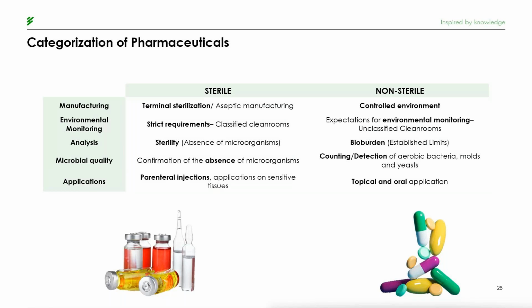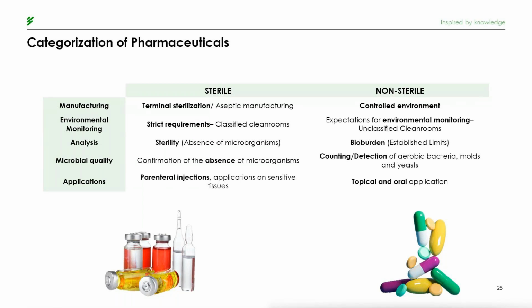For the former, sterility is achieved by terminal sterilization and or through an aseptic manufacturing process where the APS enters. For the non-sterile, it is just a control environment, of course. In sterile, the environmental control requirements are very strict. There are classified clean rooms, and in non-sterile, there are unclassified clean rooms, so the environmental control is not very strict.